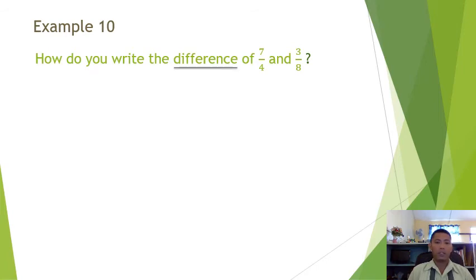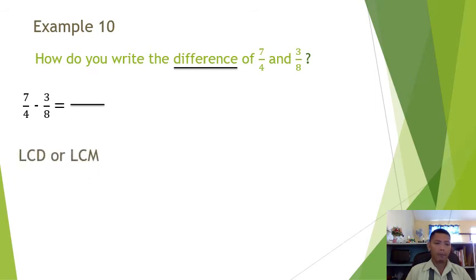The word here is difference, so we will subtract 7 fourths minus 3 eighths. Here, we can see that the denominators 4 and 8 are not similar. In that case, we will use the LCD or LCM, and we will put the LCD as the denominator.